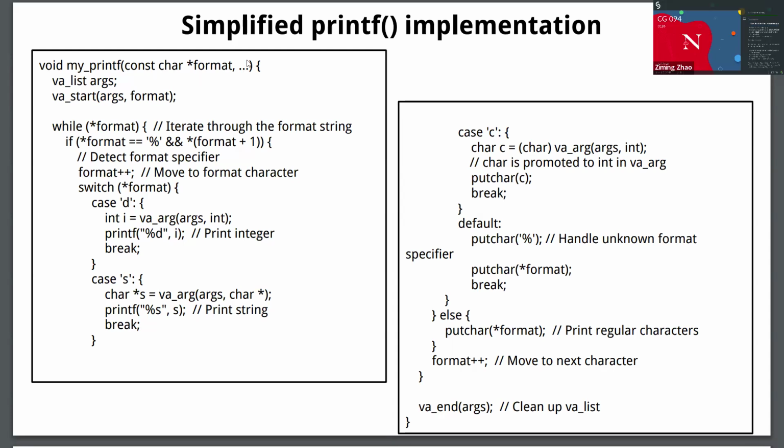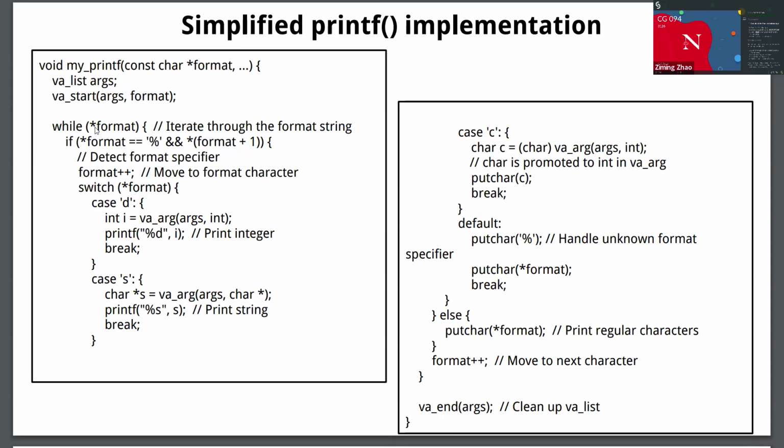After that, we don't really know the names and types of each argument. That's why we only have 3 dots. So at the very beginning, we create this va_list. After that, we initialize it with format as the last argument. We know its name, okay?